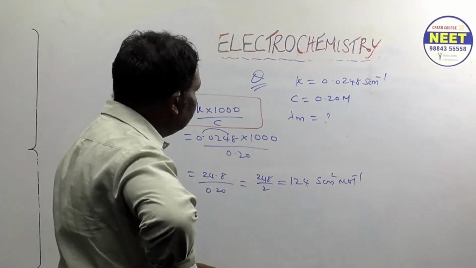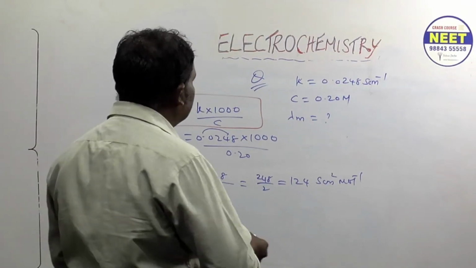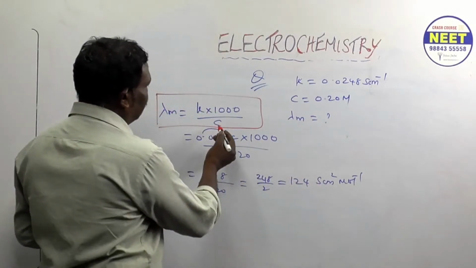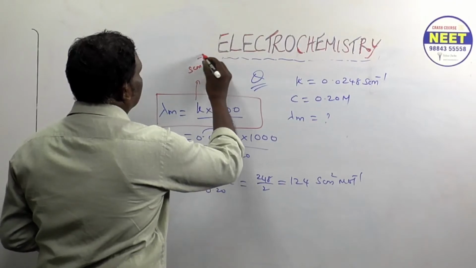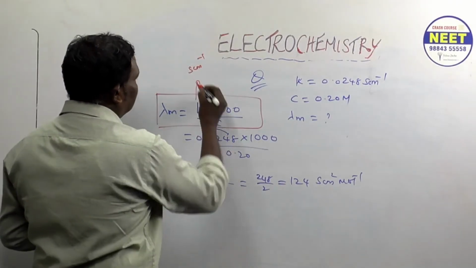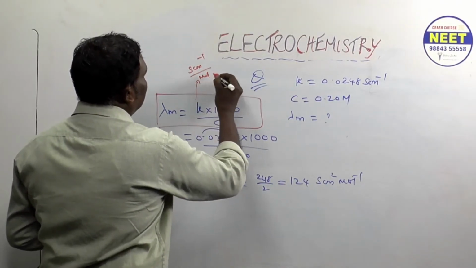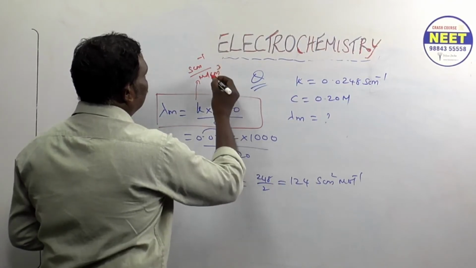Why centimeter square? Because here, C is called concentration, it is mole per centimeter cube.